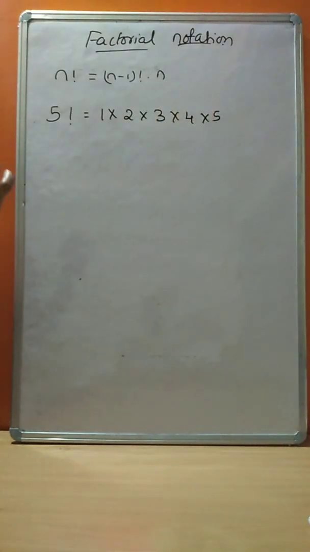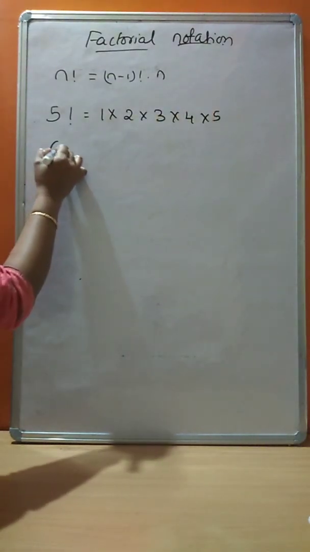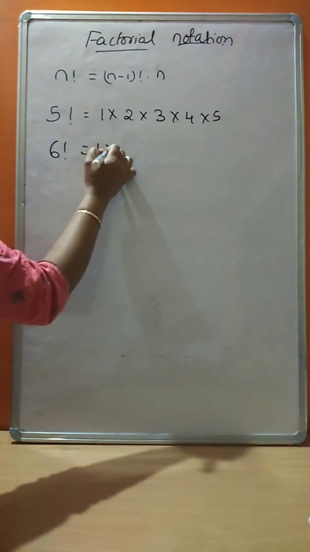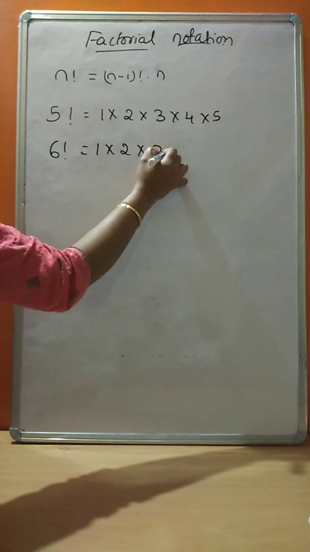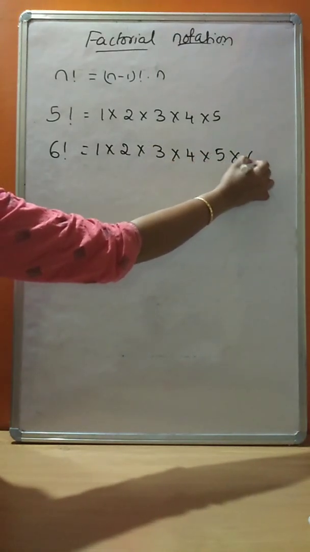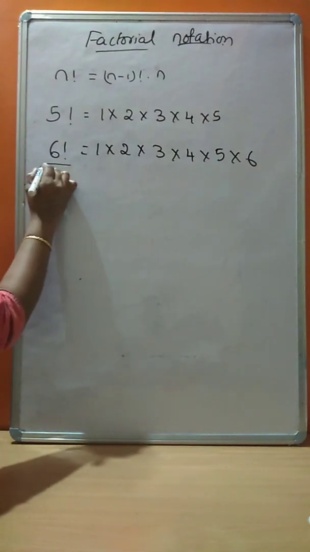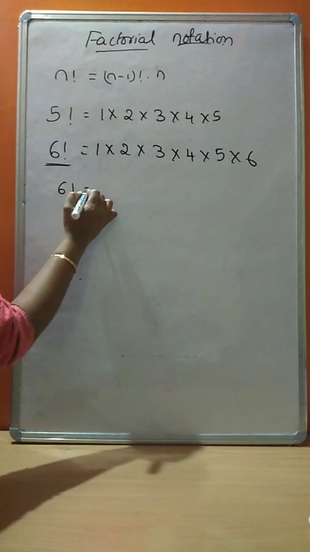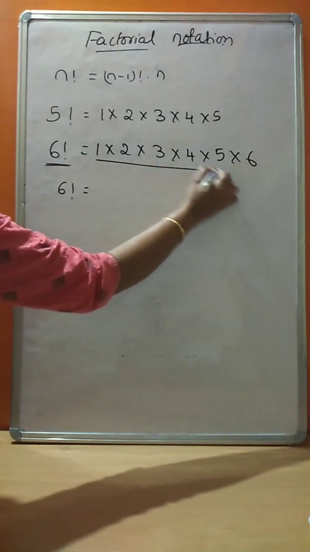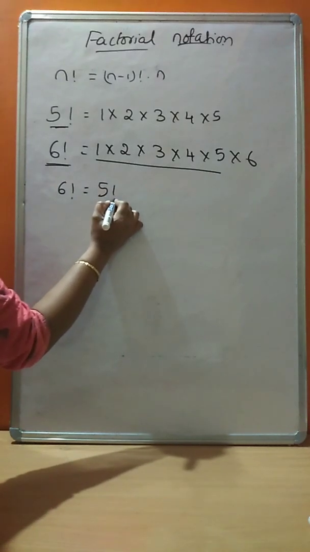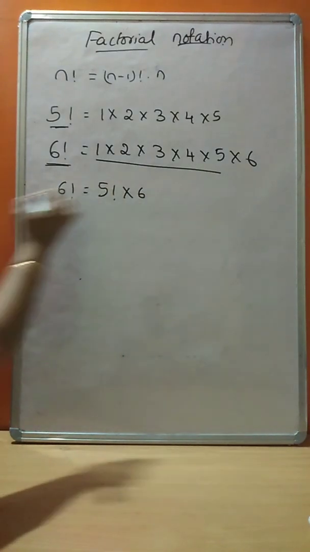Is it not? Similarly, you can write 6 factorial as 1 into 2 into 3 into 4 into 5 into 6. See, this 6 factorial can also be written as: up to this we call it 5 factorial, so you write it as 5 factorial into 6.